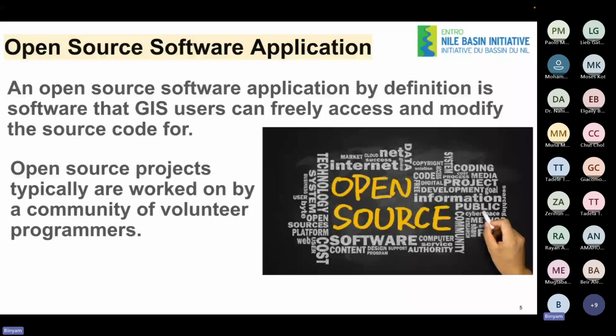Now, in this lecture session, I will give you some insight on open source software applications. By definition, it is software whose source code GIS users can freely access and modify.